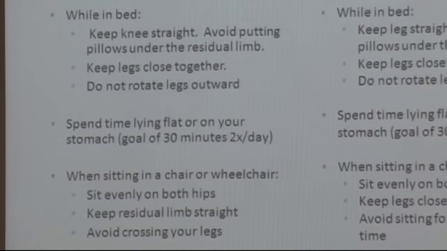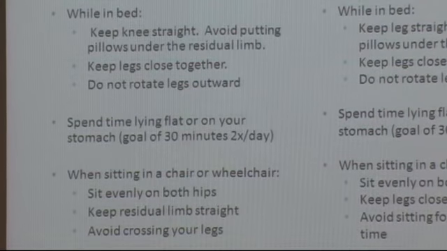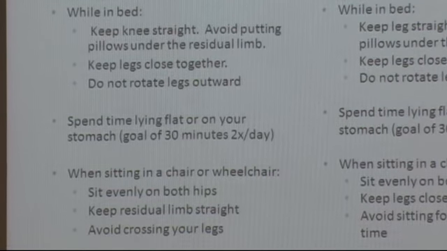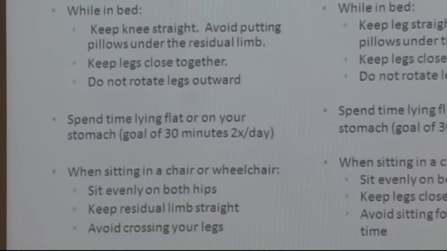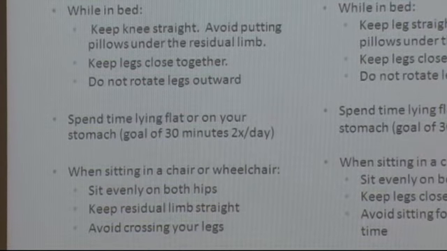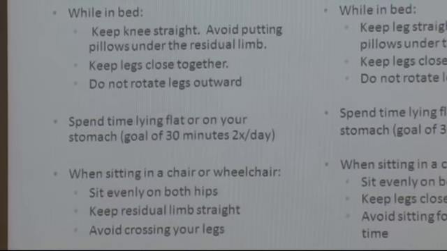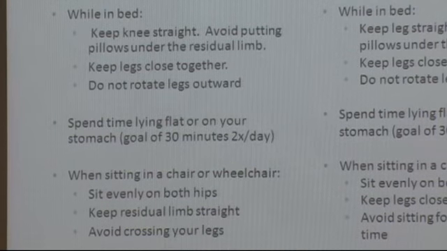So below knee, keep the knee straight, avoid putting pillows under the residual limb, keep the legs close together, and don't rotate legs outward to prevent any flexion contractures or contractures in the hip adductors and abductors.